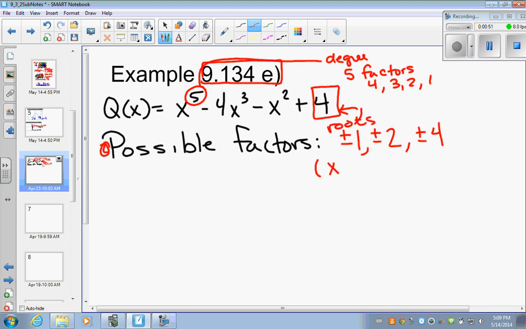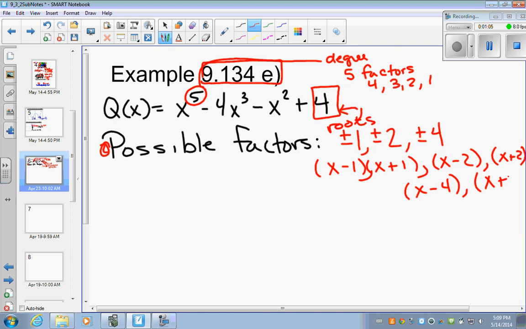So the possible factors would be x minus 1, x plus 1, x minus 2, and so on. Any of those. And when I'm talking about the real and integer possible factors, not the square root of 3's. Those I'll have to find some other way.